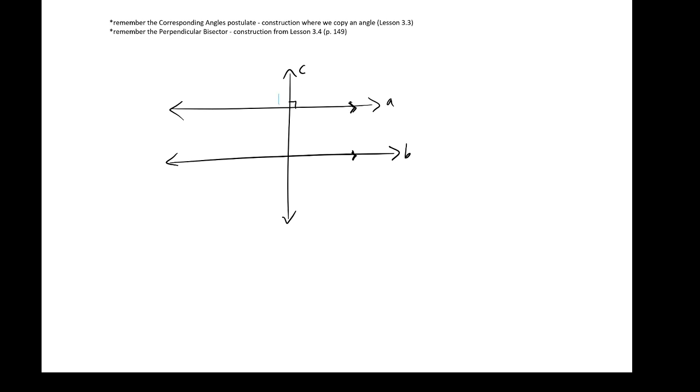We're going to number these 1, 2, 3, 4, 5, 6, 7, and 8. Our given is that A is parallel to B, and that A is perpendicular to C. And we're going to prove B is perpendicular to C.